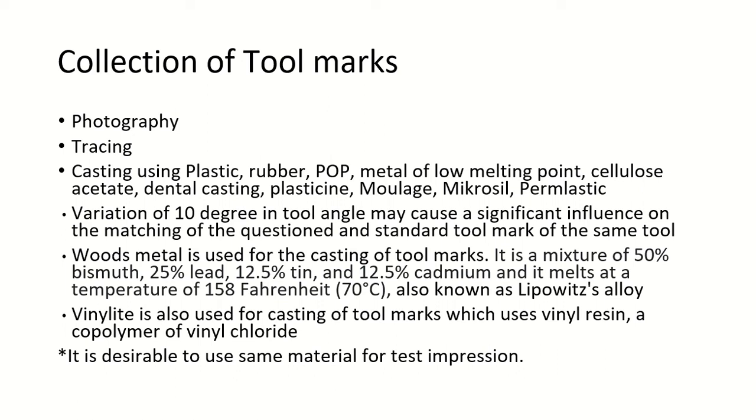Vinylite is also used for the casting of tool marks, in which vinyl resin is used. It is desirable to use the same material for the test impression as that of the tool mark to get better identification.